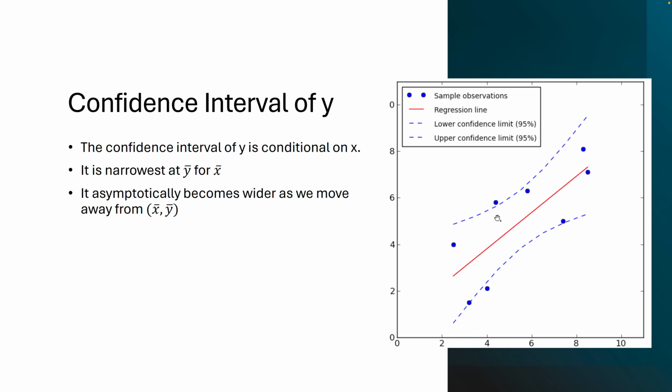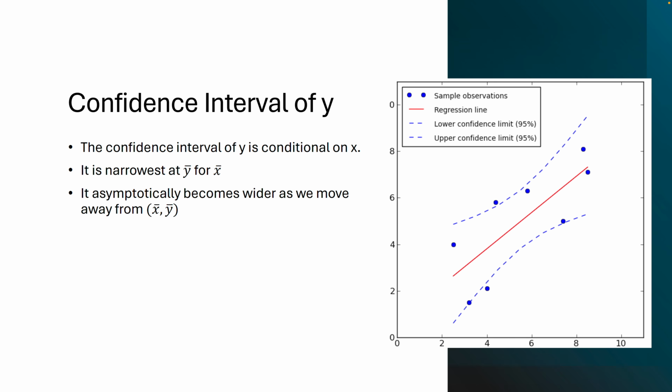Finally, we will also have the confidence interval around the y hat, which will capture the value of y. So the confidence interval of y is conditional on x. For different values of x, we have different values of the interval width.